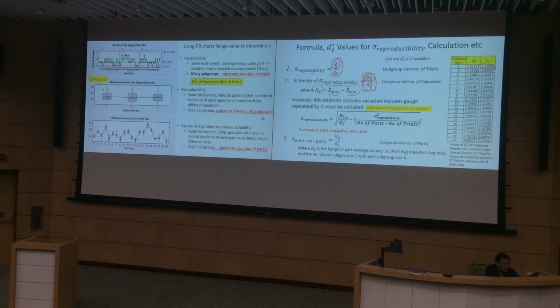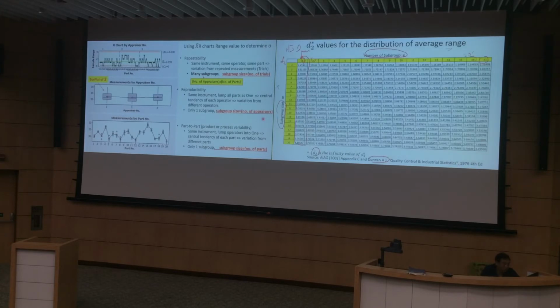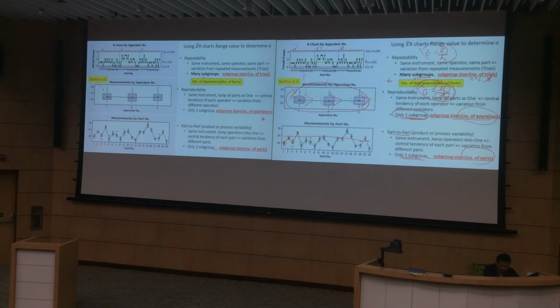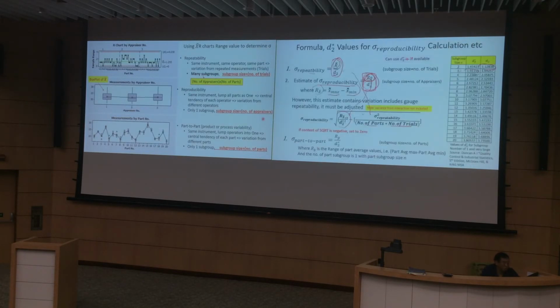You normalize the repeatability, you get it from here, square it, and then normalize it: number of parts divided by number of trials. So this term is inside here. Since only variance can add and subtract, this gross variance that we have, we subtract the contribution of repeatability compounded inside because of this thing here. So we can get the reproducibility.